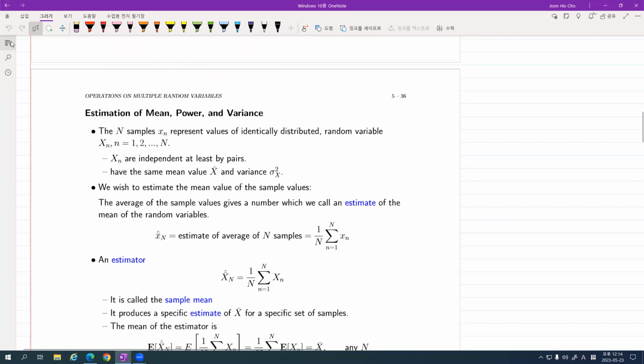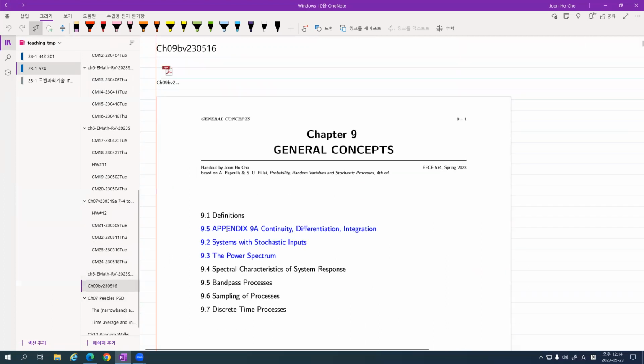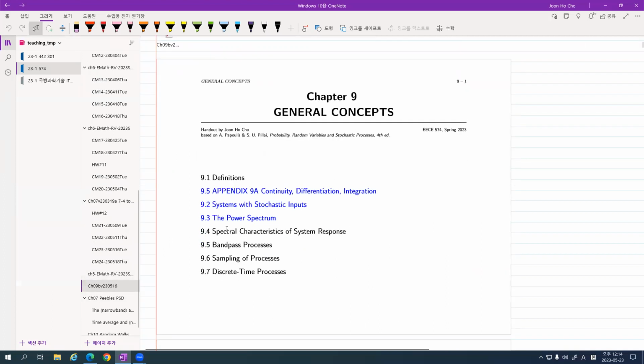Okay, so I haven't yet started this part, but I will do this Thursday. We are going to use this convergence idea to talk about continuity, differentiation, and integration of random processes.